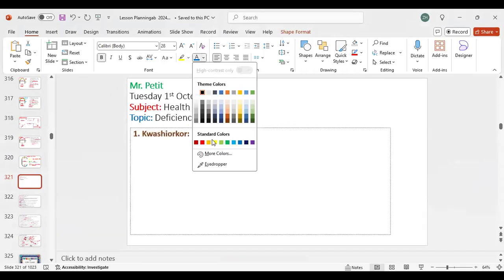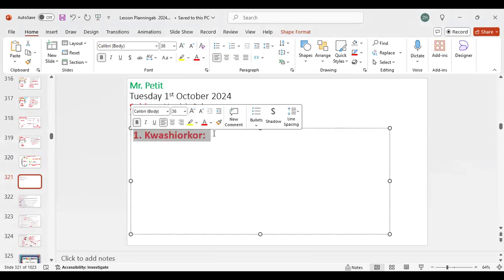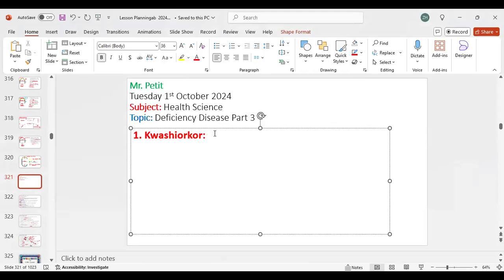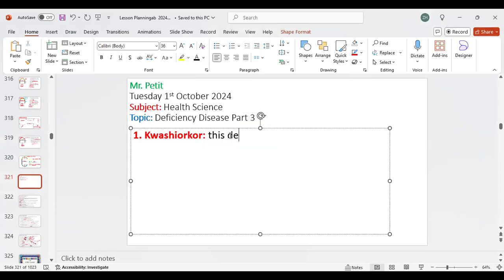What deficiency disease is this? The swollen belly. What causes it? A lack of protein. Yes, it's a type of malnutrition. This disease is a result of the lack of protein in the diet.